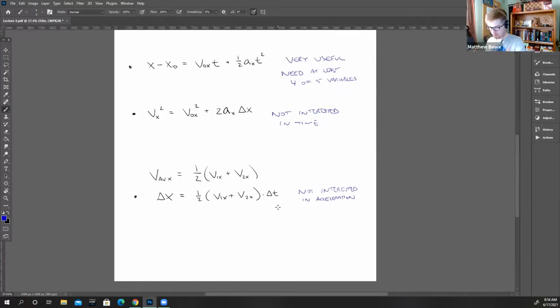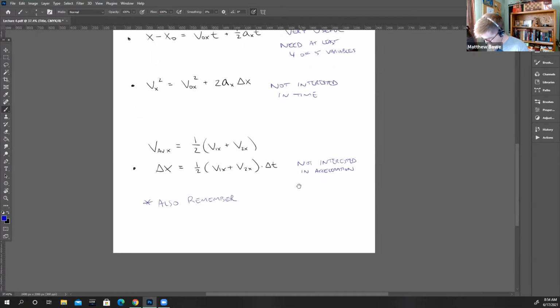Something that we can remember. Also remember, just in general, I made the point about this being the equation of velocity. We'll just put the equation down here.